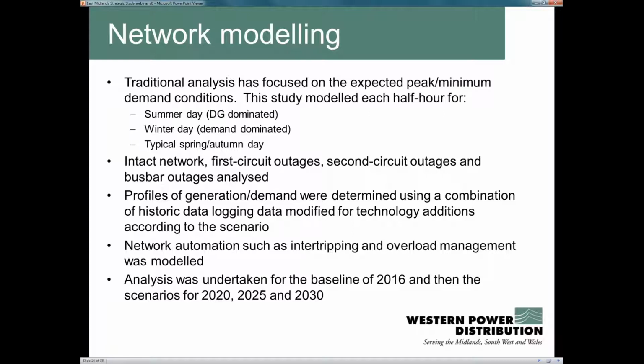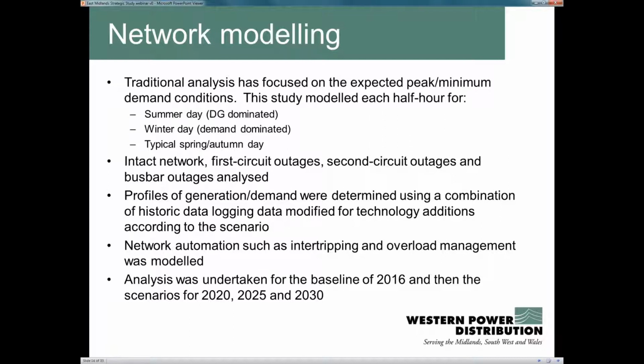We've done this for a whole range of network scenarios, so both an intact network and other outages have been analysed, and this has enabled us to make sure that we're still providing a secure network for all of our customers. The generation and demand profiles have been built up using historical data, and we've predicted that into the future to see how that will map across to the different scenarios that we're modelling against.